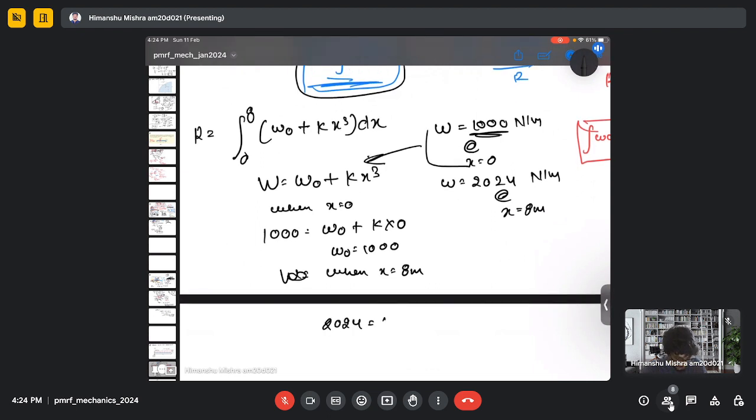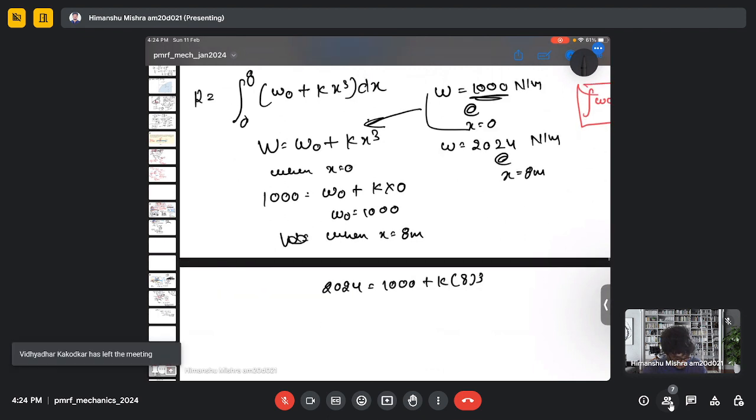My W is 1000 plus k 8 cube. So it is 2024 minus 1000 equals k 8 cube.